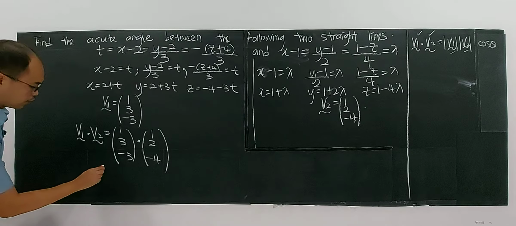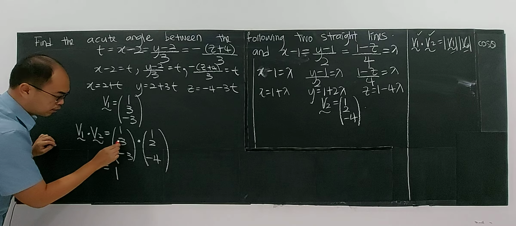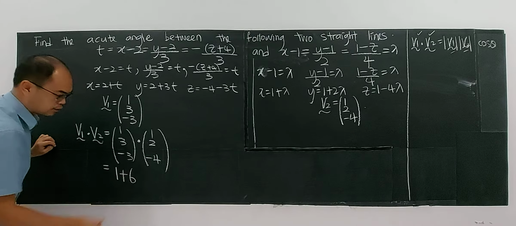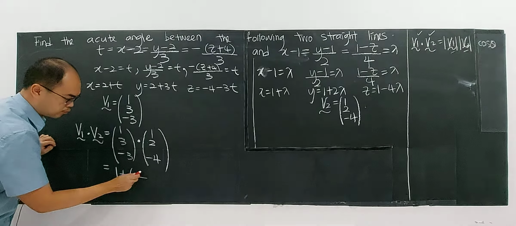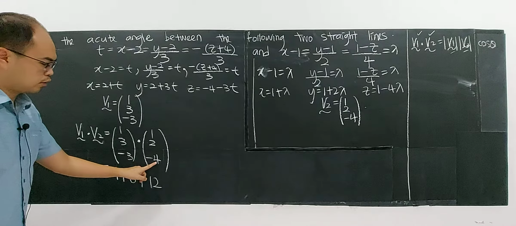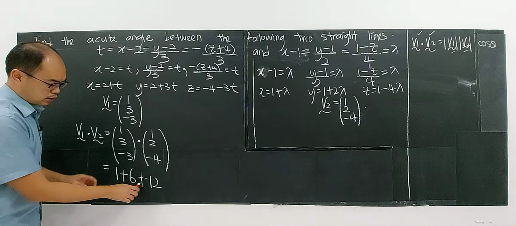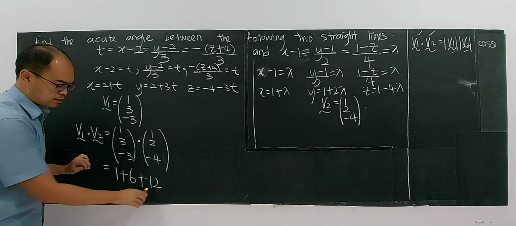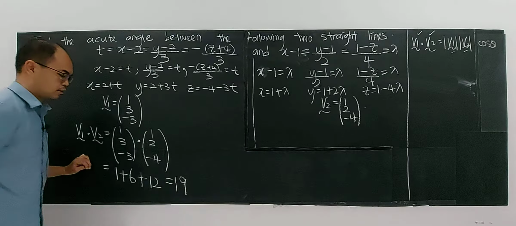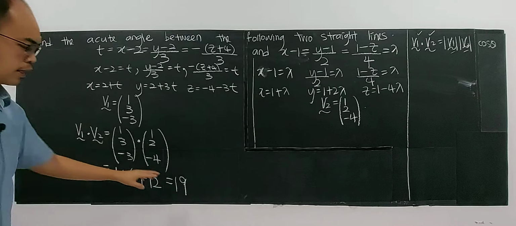So let's do the dot product. 1 times 1 is 1. 3 times 2 is 6. Negative 3 times negative 4 is positive 12. So 1 plus 6 is 7, plus 12, so you will have 19. The scalar product is 19.